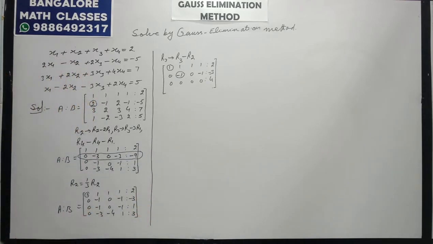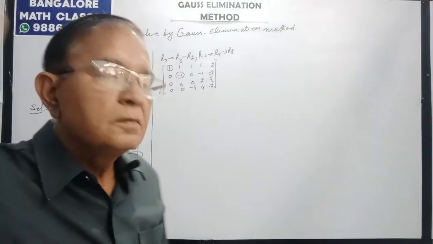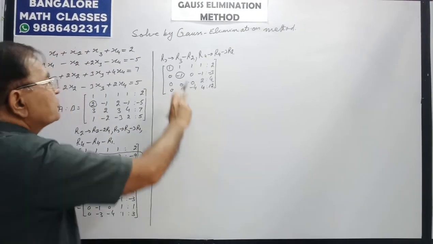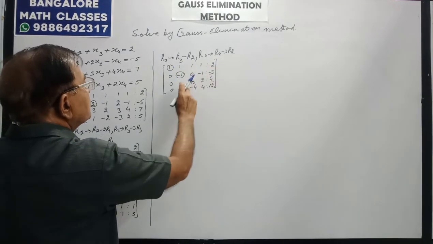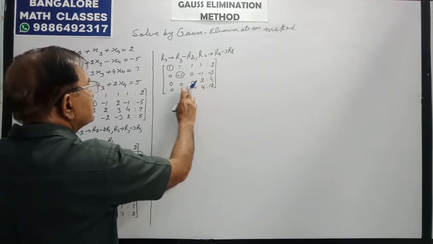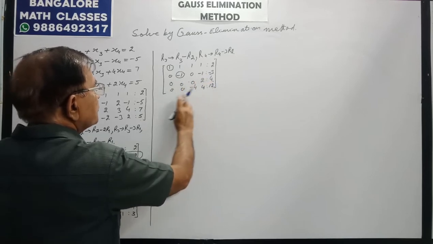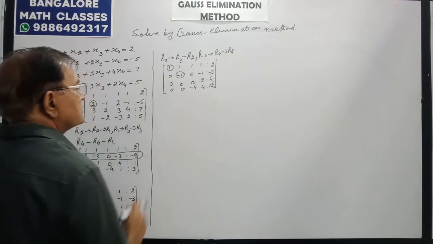So operate it and find out what we will get. Now after operating this, we are getting 1, 1, 1 and 2, 0, minus 1, 0, minus 1, minus 3, 0, 0, 2, 4, 0, 0, minus 4, minus 4 and 12.